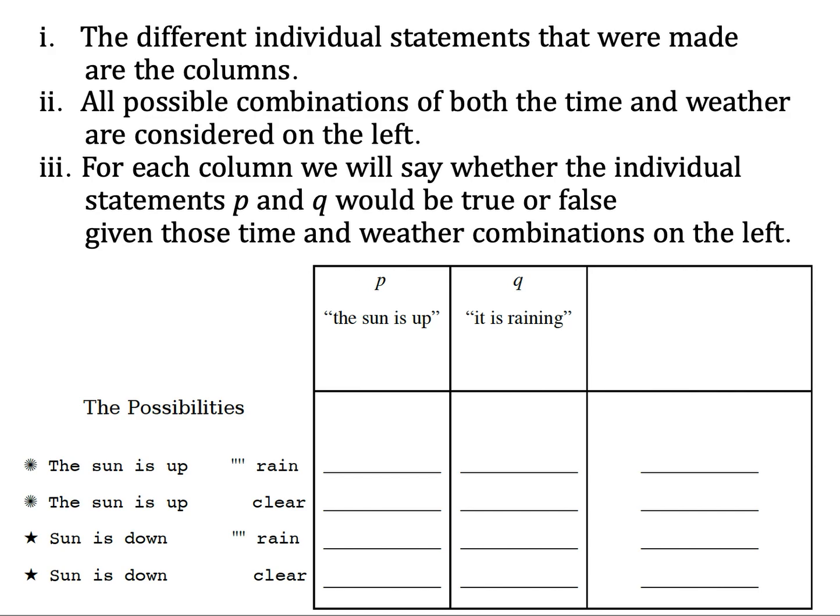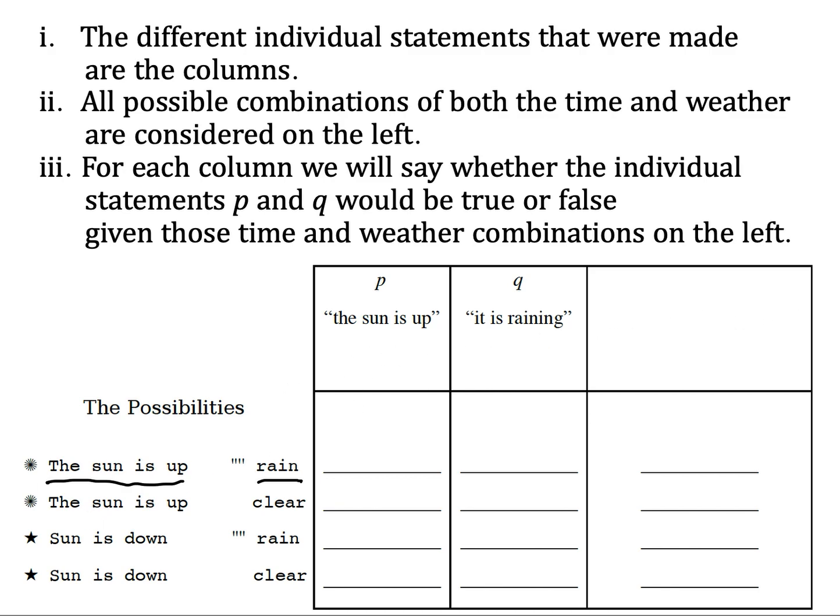So if we check out the first row here, it says the sun is up and it's raining. Pretend those are the current conditions right now. Now, what if somebody comes along and makes the statement, the sun is up, and those are the conditions?